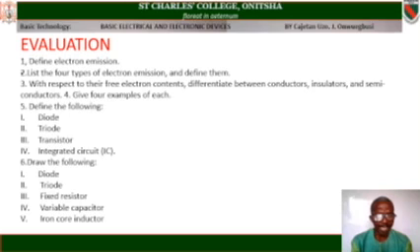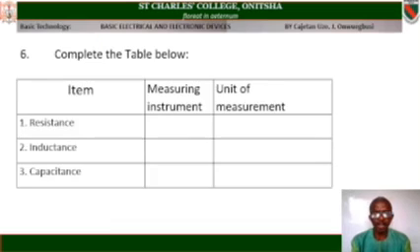And finally, number 6, draw the following: 1. Diode, 2. Triode, 3. Fixed resistor, 4. Variable capacitor, and 5. Iron core inductor. Complete the table below. You have item under the heading item, measuring instrument and unit of measurement.